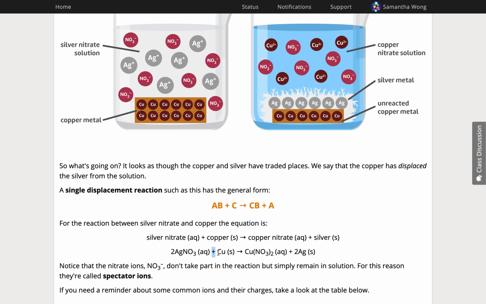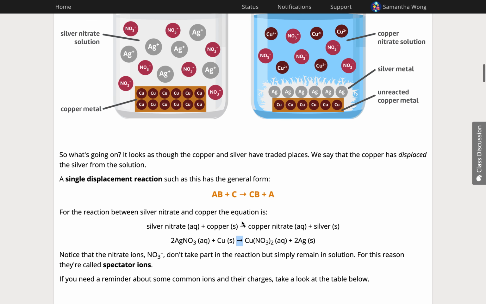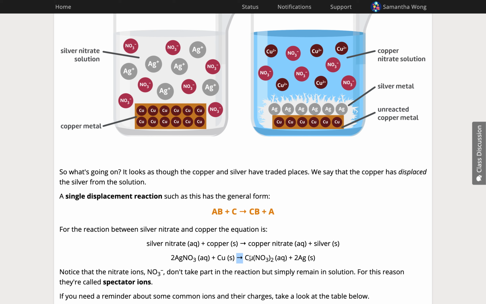We've then reacted it with copper solid, our solid piece of copper metal shown here. And then it's reacted together to form copper nitrate, CuNO3, so we've got copper ions and nitrate ions in aqueous solution, plus our silver, Ag solid. So this solid up here.